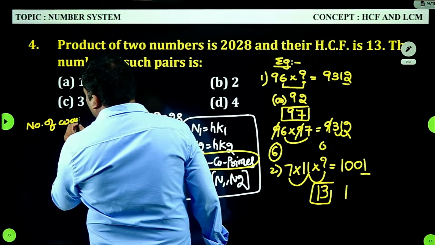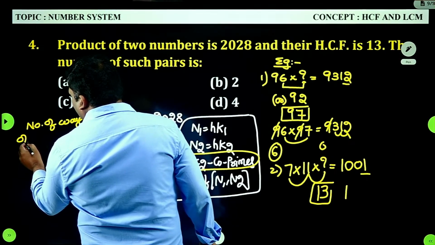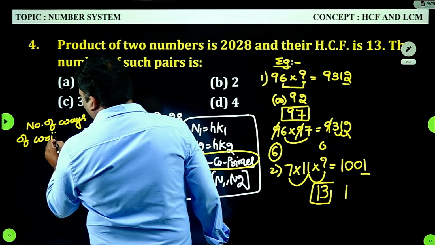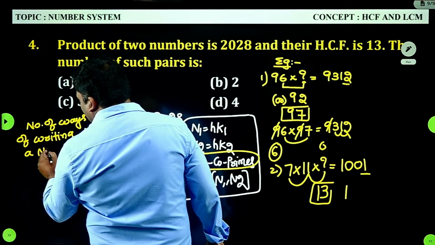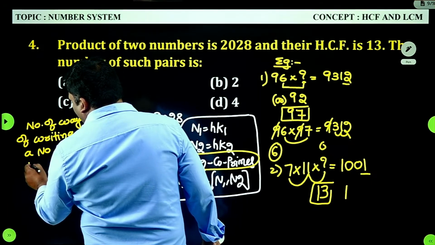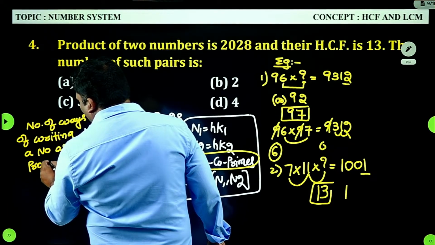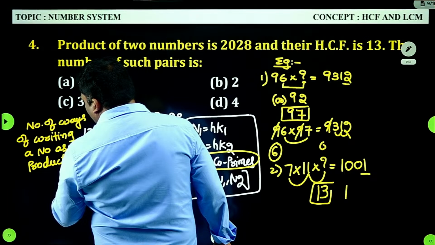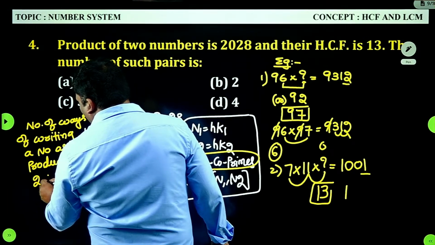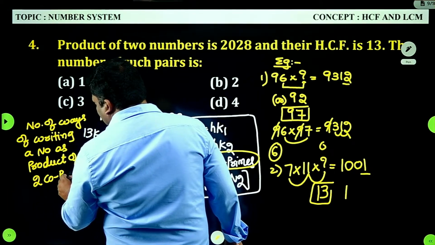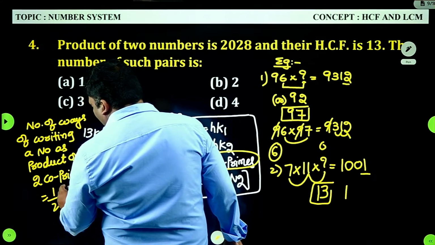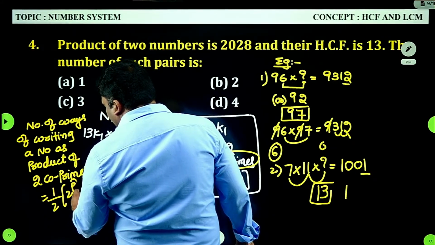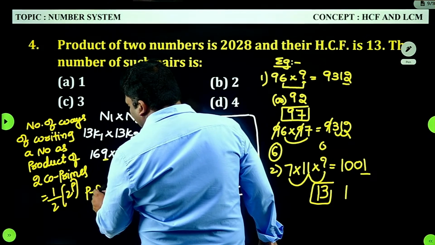Number of ways of writing a number as a product of two co-primes is given by 1 by 2 into 2 power p. P is the prime base count.